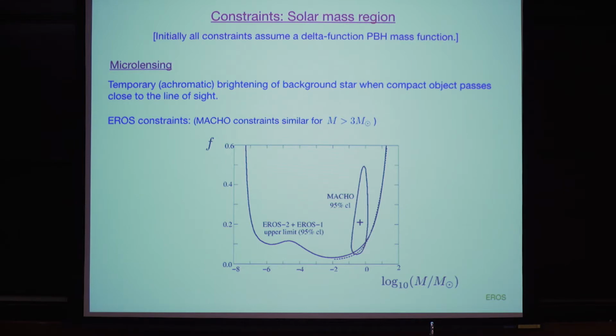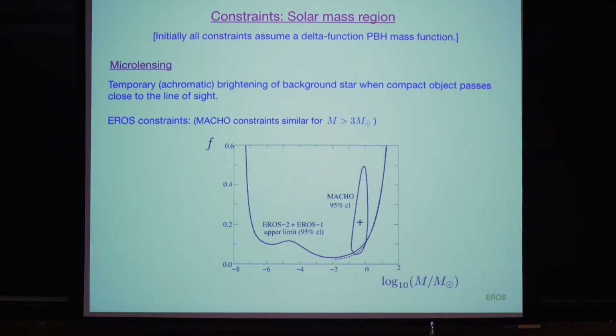In this case, where it's a background star, we don't see multiple images, they're too close together to be resolved. Instead what you have is a star whose brightness suddenly peaks and then goes down again. The key thing here is this brightening should be achromatic, the same in all wavelengths, and it should also be a one-off phenomenon if it's due to lensing rather than variability of the star.